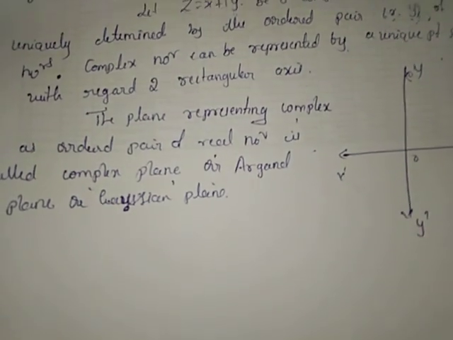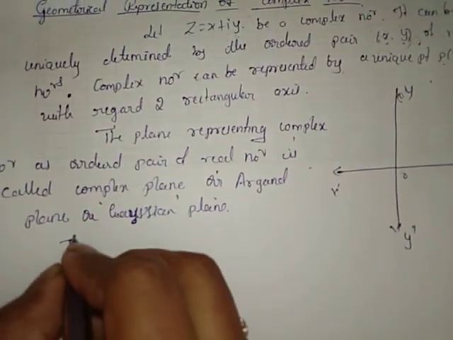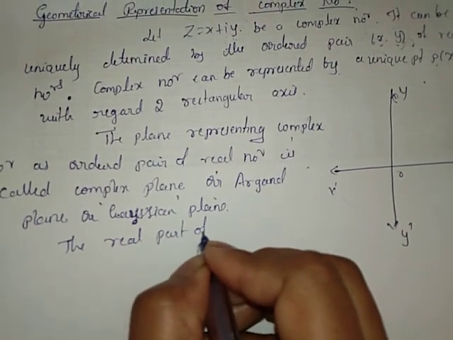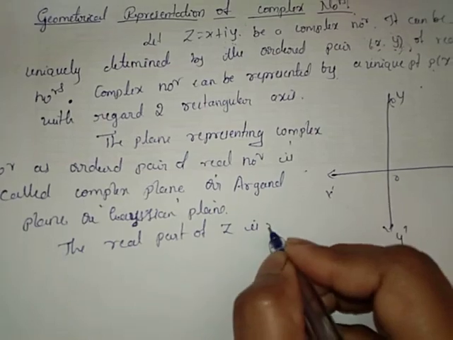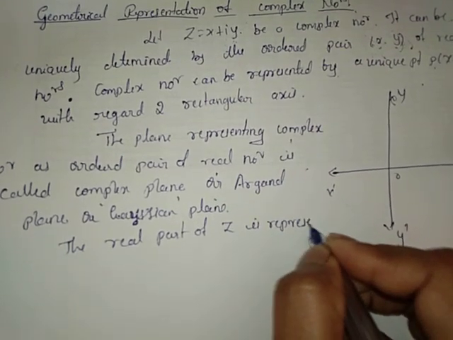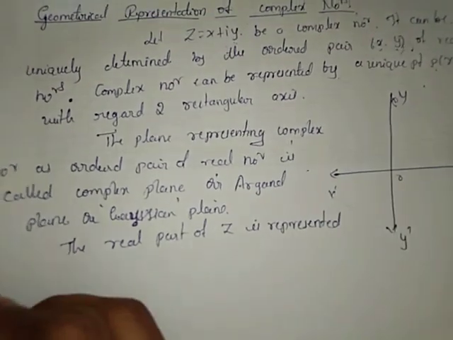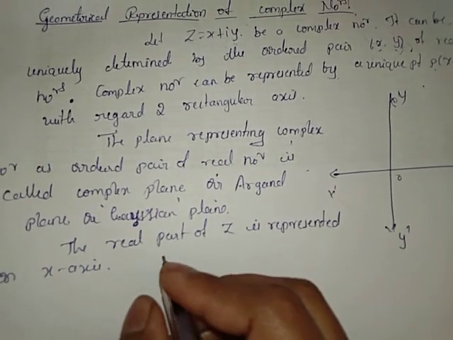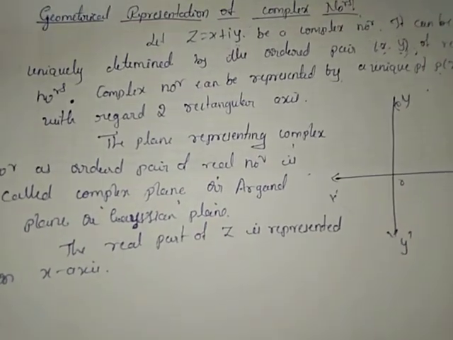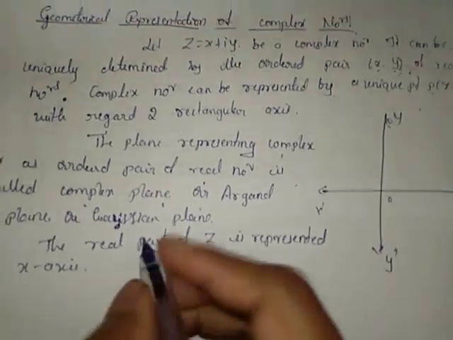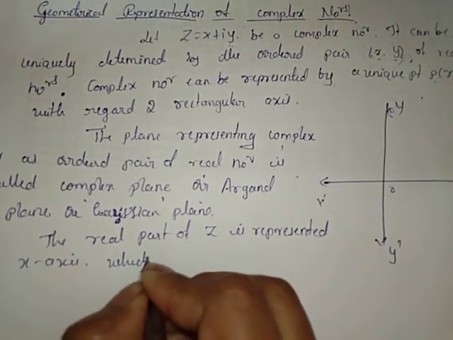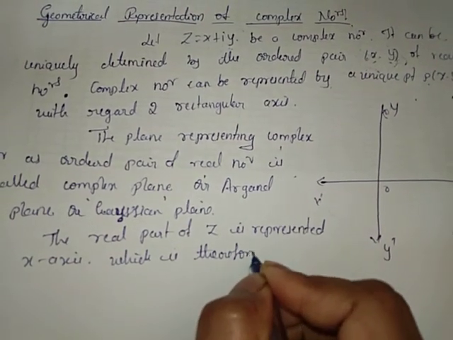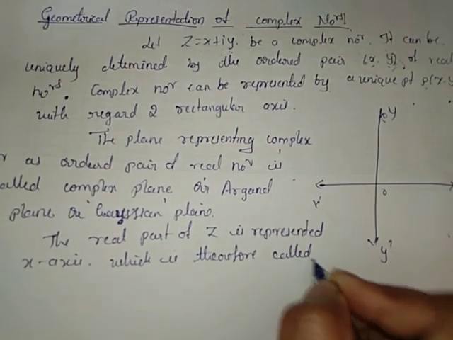The real part of z is represented on the x-axis, which is therefore called the real axis.